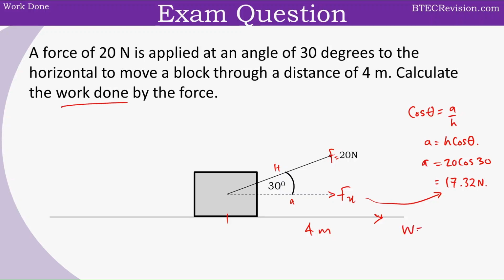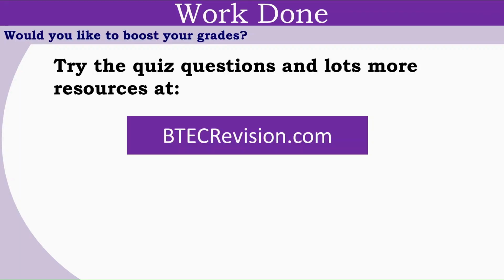So we will need to use work done equals force times distance. And we worked out our force, 17.32. Multiply that with the distance of 4. And that gives us a value of 69.28 joules. And that's the end of the lesson.